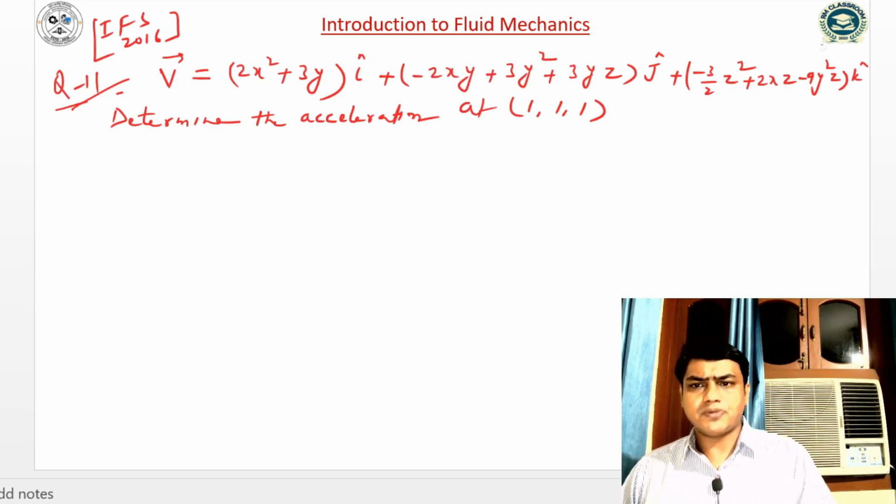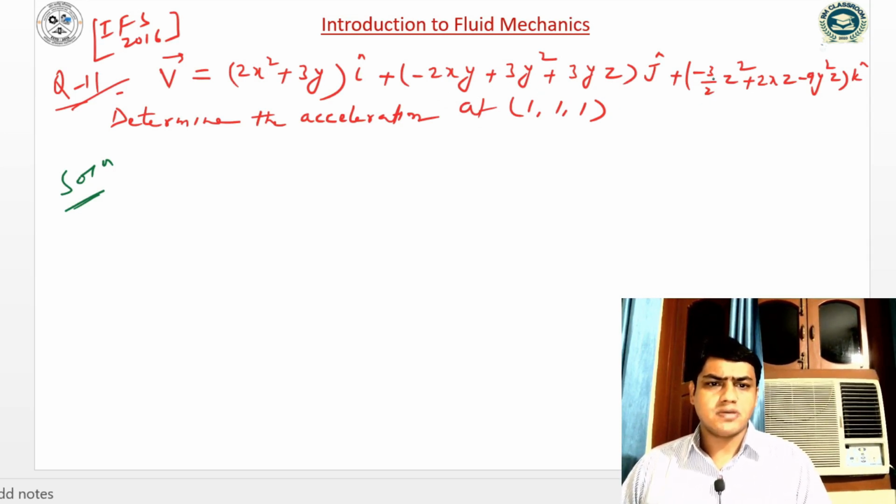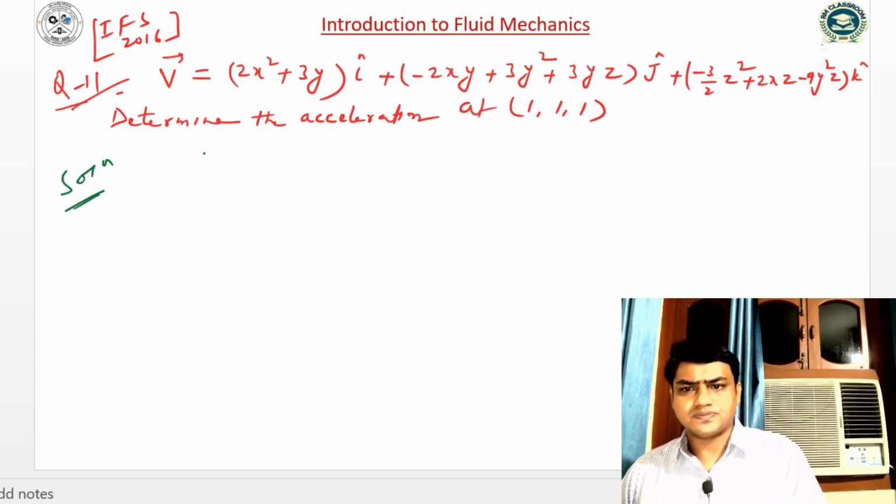The velocity vector is given, that is (2x square plus 3y) i plus (minus 2xy plus 3y square plus 3yz) j plus (minus 3 by 2 z square plus 2xz minus 9y square z) k. So we have to find the acceleration.